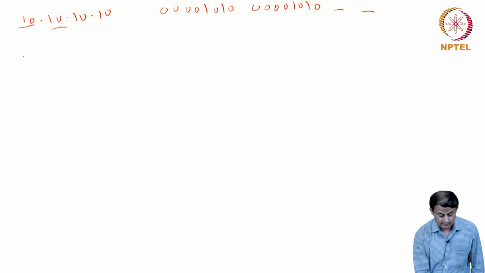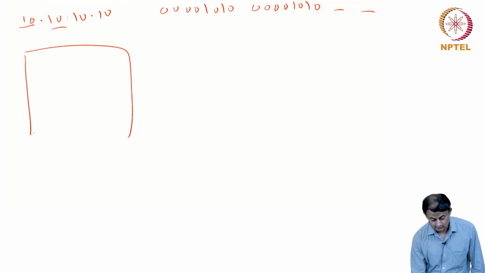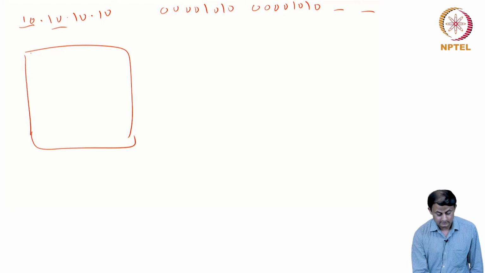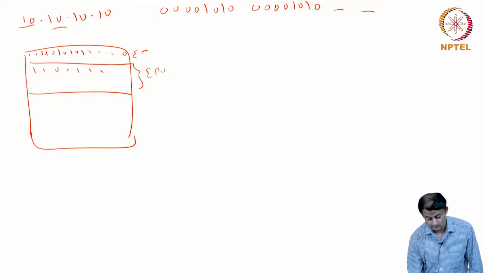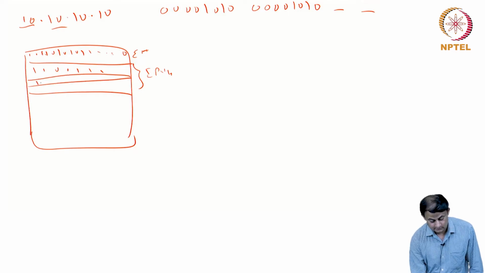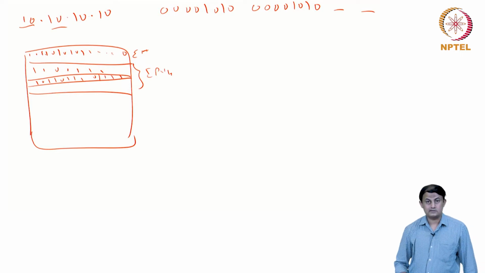When you receive a packet at the router, there is a sequence of bits, something like this. This corresponds to the Ethernet header, and then there are some bits corresponding to the IP version 4 header, and out of that, somewhere here are the bits corresponding to the destination IP address.